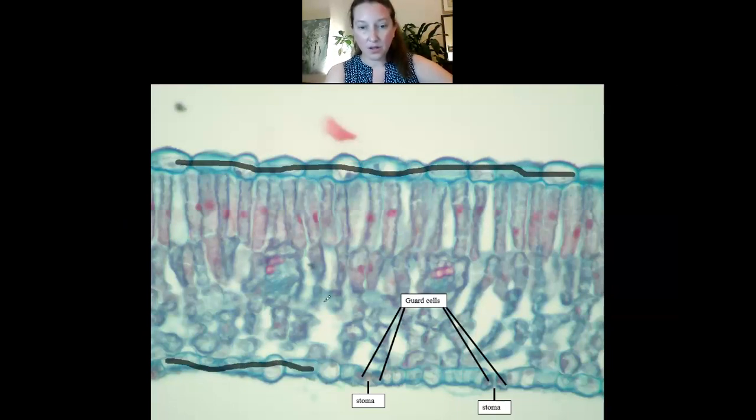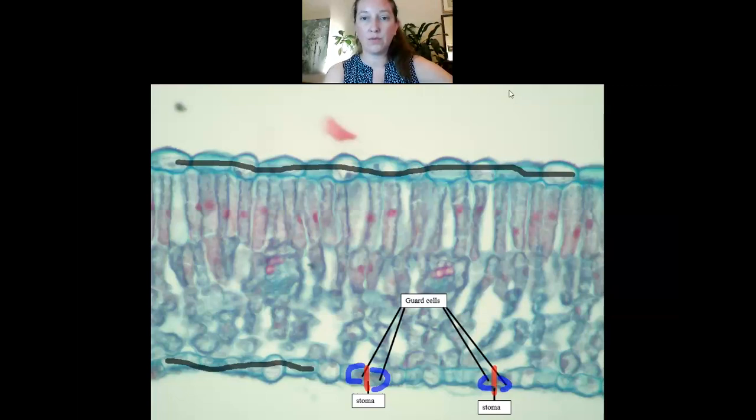And then look, so here, I'll use a different color. Here, there's a hole right there, and there's a hole right there. And on the sides of that hole are guard cells that either open or close the hole.